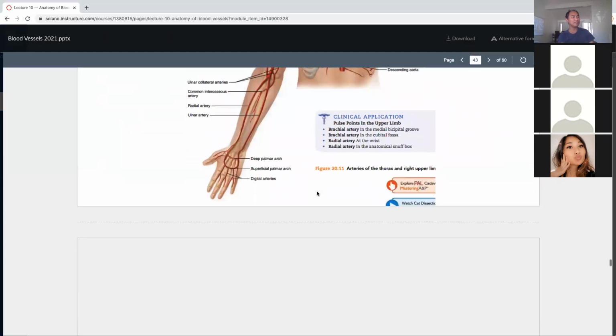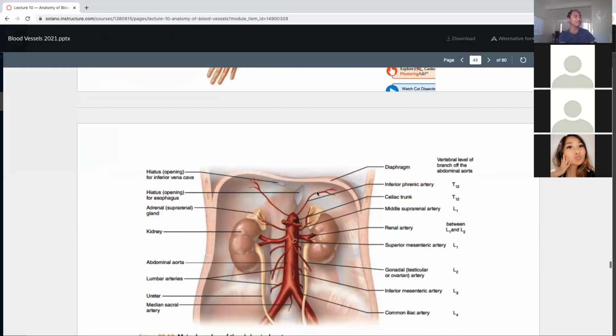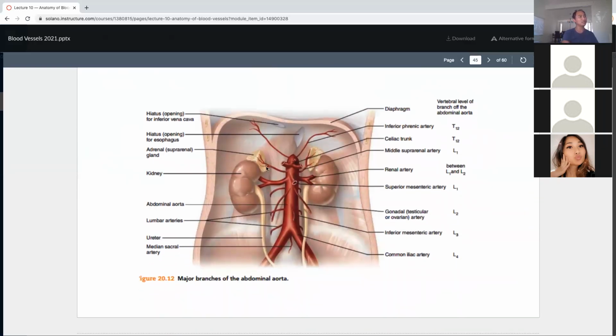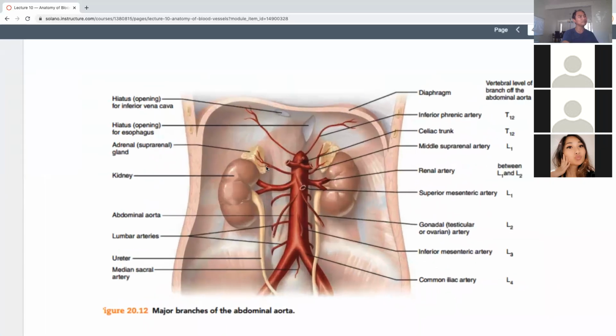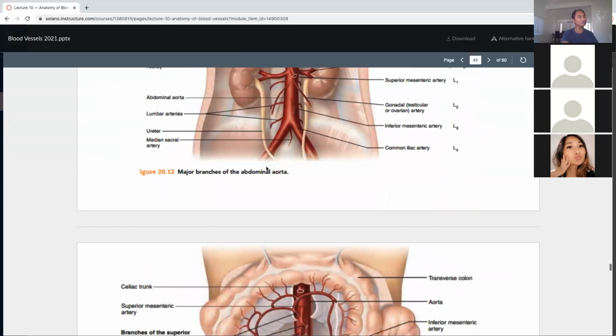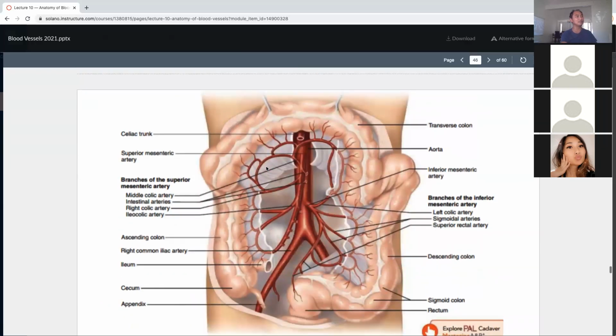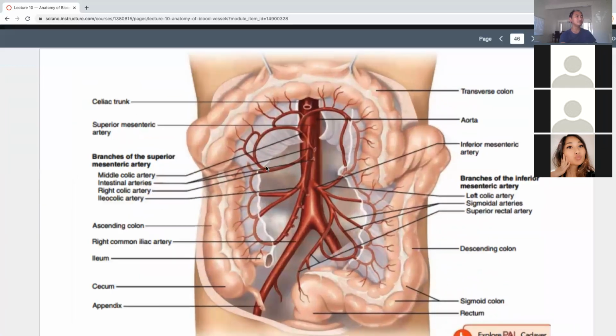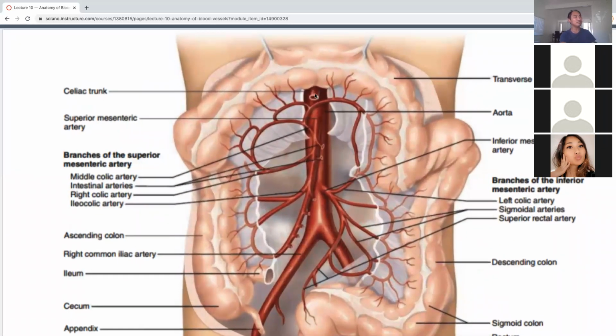Look at the another one. Okay, I will come back to this one. Look at this, it's lovely. So the celiac trunk is here, and the second branch, which is not paired, it is not right and left, it is only one, arises from the front of the aorta. That is the superior mesenteric artery.